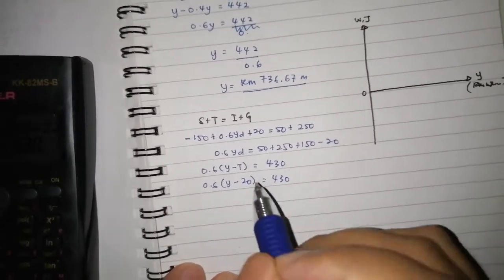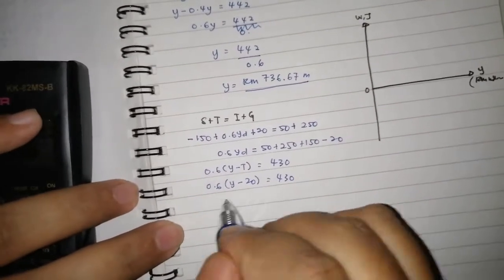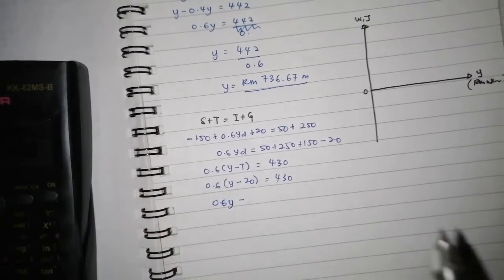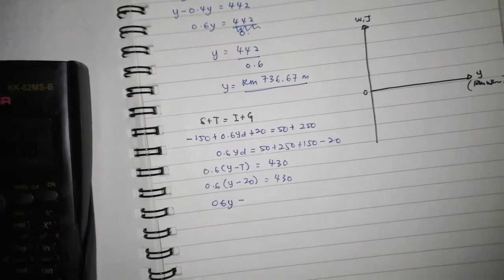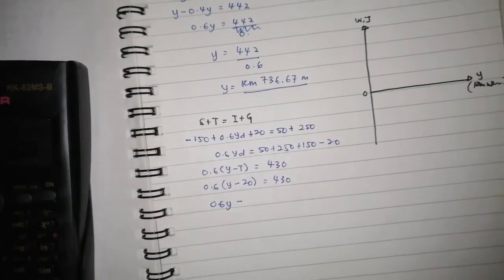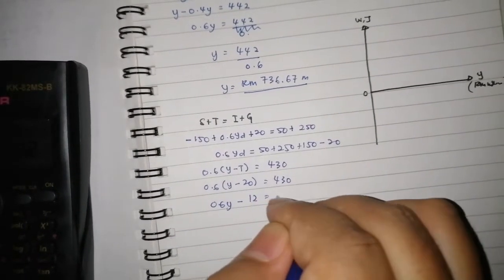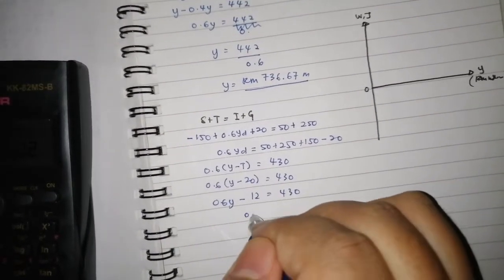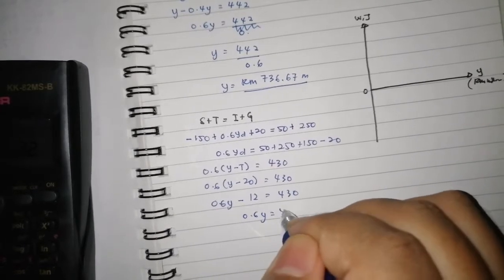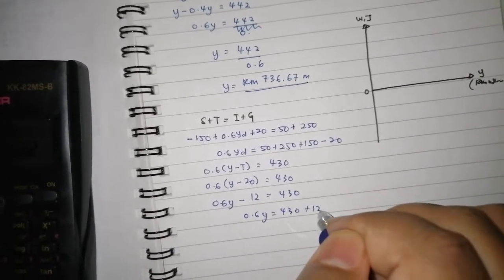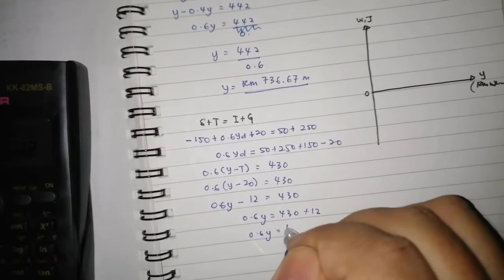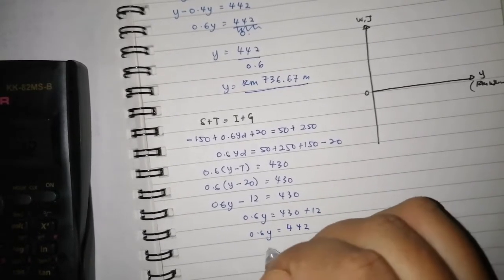So 0.6 times Y minus 0.6 times 20 equal to 12, equal to 430. And then 0.6Y equal to 430 plus 12. 0.6Y equal to 442.